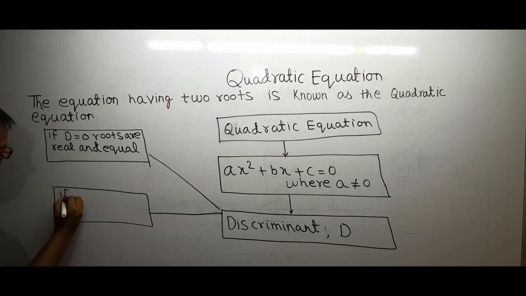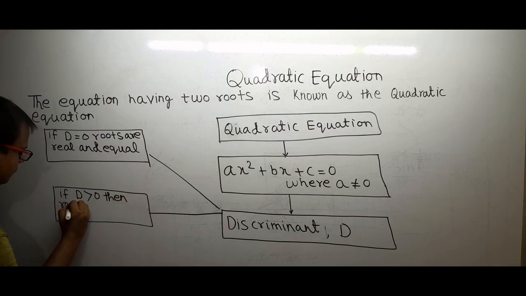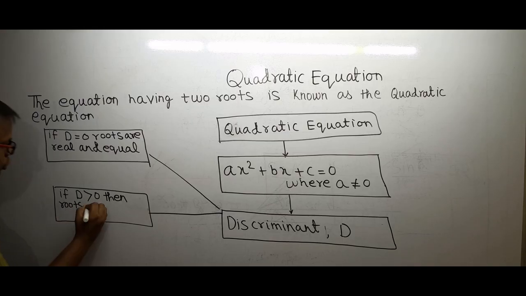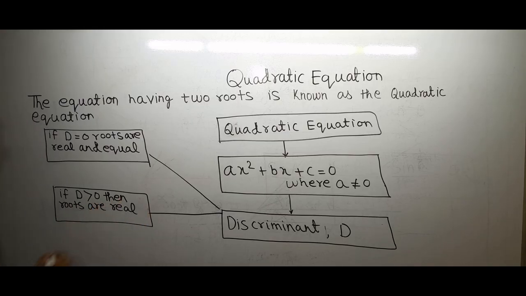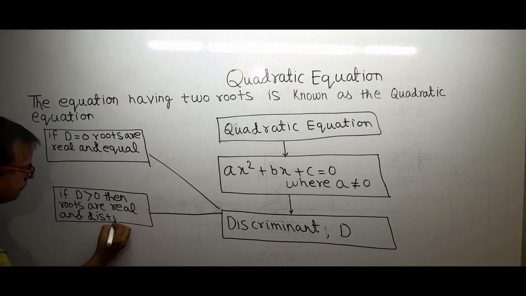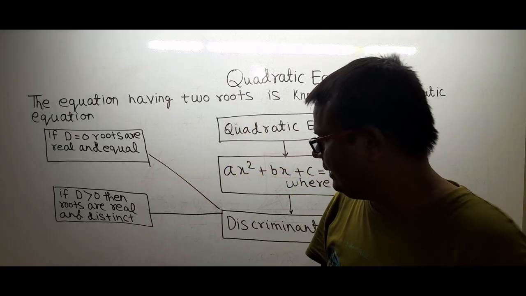If d greater than 0, then roots are real and distinct. Distinct means that roots will be different.